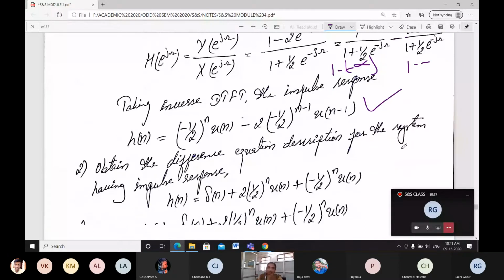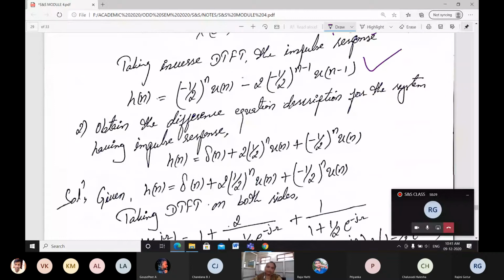Next, obtain the difference equation description for the system having the impulse response. Here it is given as h of n equals 2 into 1 by 2 power n u of n plus minus 1 by 2 power n u of n. Given the equation written, take the DTFT on both sides.